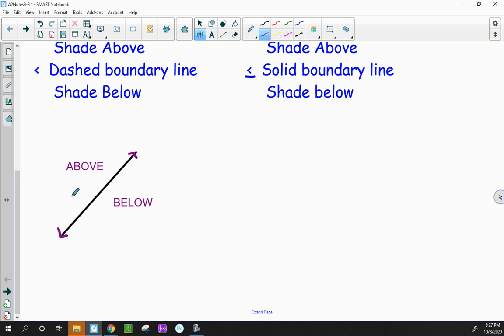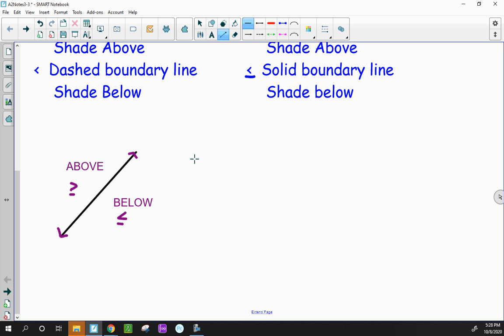So you would look at your symbol. If it's greater than, you would shade this direction. I guess mine needs to be equal since I drew a solid boundary. And then you would shade with your pencil or color pencil or highlighter, your choice. You would shade below if your symbol was less than or equal to.